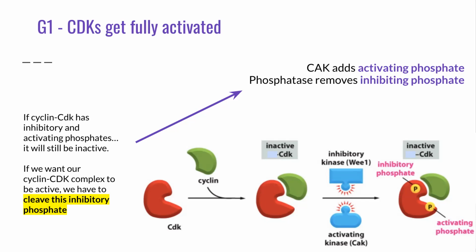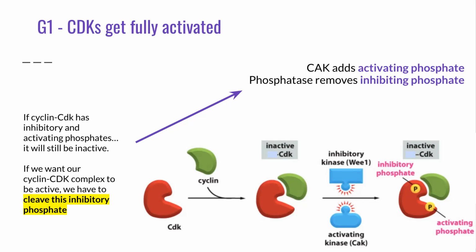Okay, so during G1, CDKs get fully activated. Cyclin-CDK has inhibitory and activating phosphates, so this would be the inhibitory phosphate put on by WEE1. Even though it has this activating phosphate and it's bound to cyclin, it's inactive if this phosphate is present.